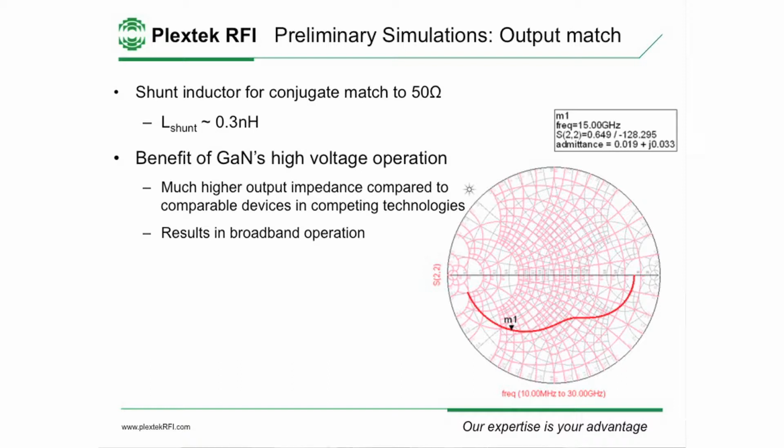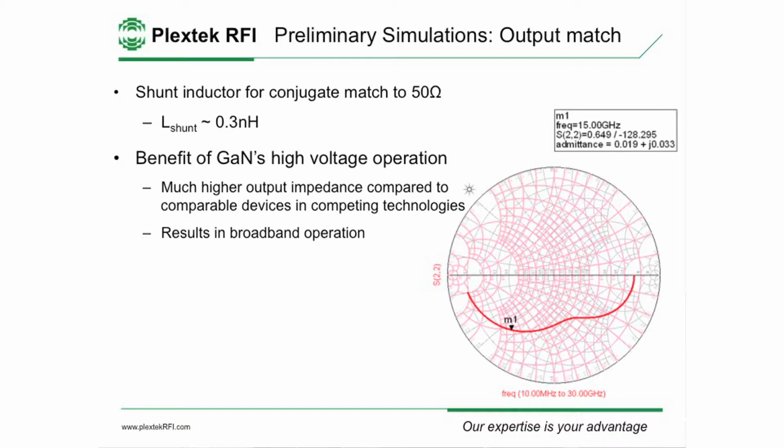This is one of gallium nitride's high operating voltage advantages. The output impedance for a certain output power is higher. This makes it easier to achieve broadband operation. And even if you don't want broadband operation, it makes the whole matching process simpler.